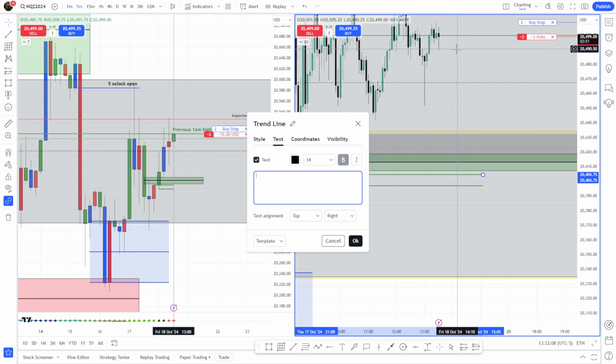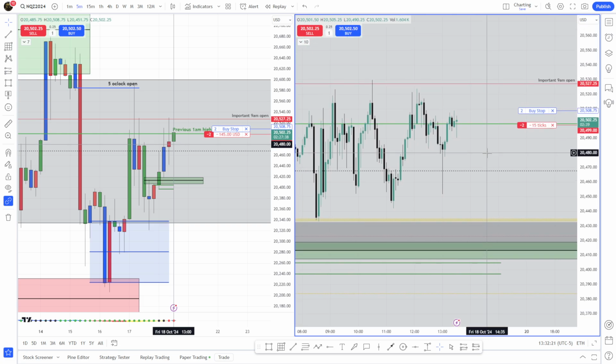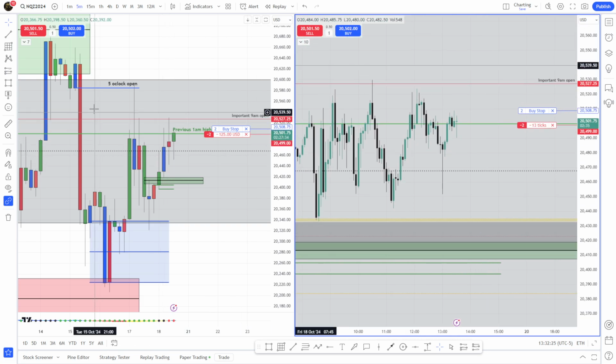See, so this wick down here, we still have a lot of time left, but the fact that it came down here to this candle and is wicking up feels like to me that price is going to move higher. Okay, which is fine. We can always look back up here and we got a previous 1 a.m. low, previous 1 p.m. low.